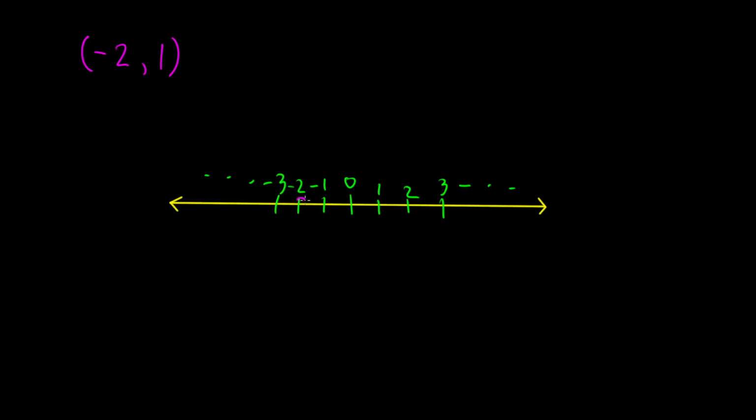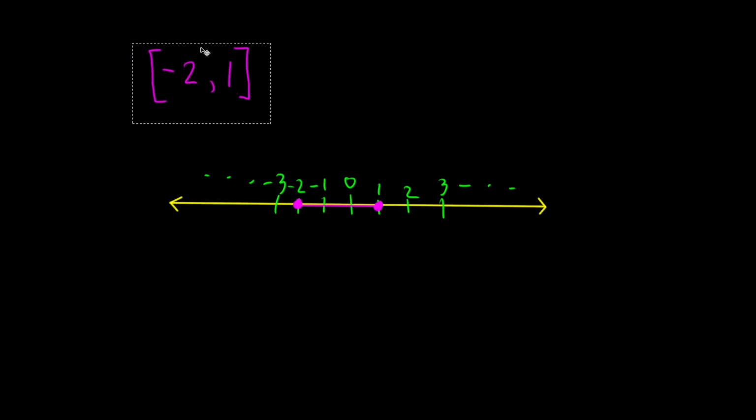So we would draw that with a circle at both, and then a line connecting our two circles. So this would be that set. Now, of course, if I instead drew this with brackets instead of parentheses, then the circle would be colored in. Because in this case, the endpoints are included.